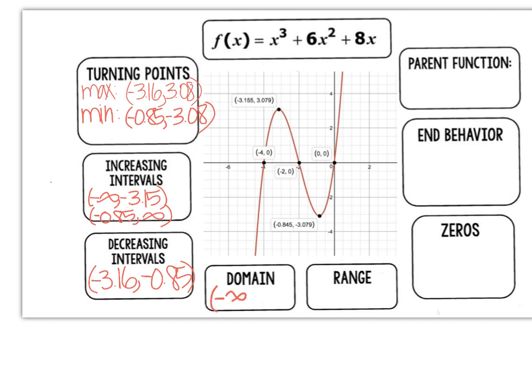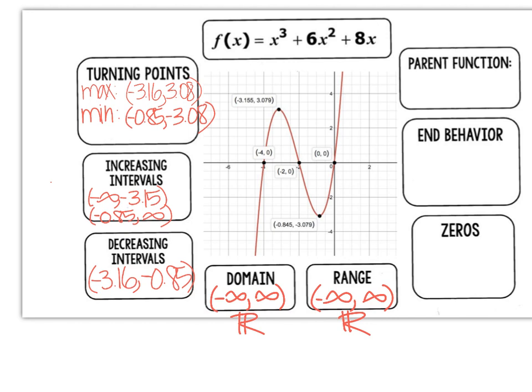So we say from negative infinity to positive infinity, or you could use the all real number symbol. And our range is going to be all real numbers as well because it goes up and down on the y-axis. Hits every point from negative infinity to positive infinity. So we say negative infinity to positive infinity, or you could use the all real number symbol.